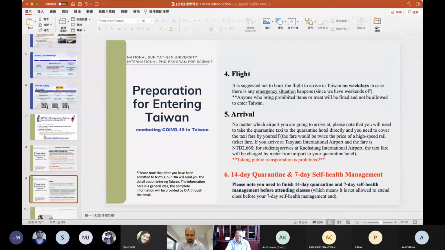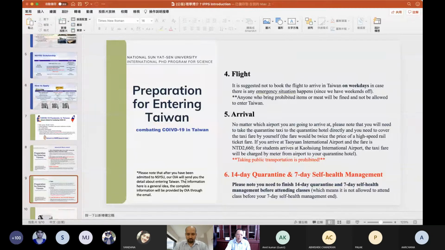You need to take a taxi, and the taxi from the international airport to Kaohsiung is about 2,600. Then you need to take 14 days quarantine in a single room, and then after you come out, 7 days of self-health management by yourself. Okay, so then it's finished.